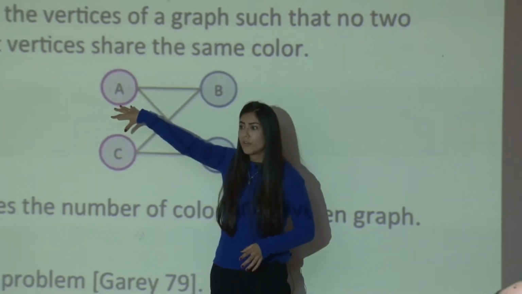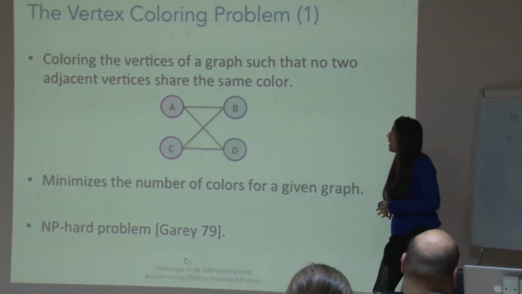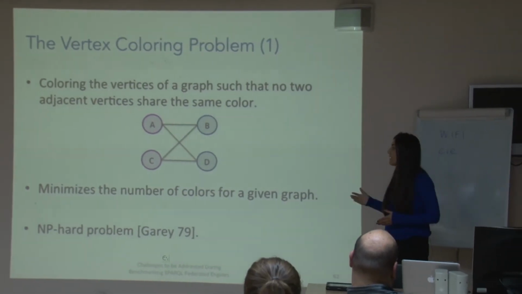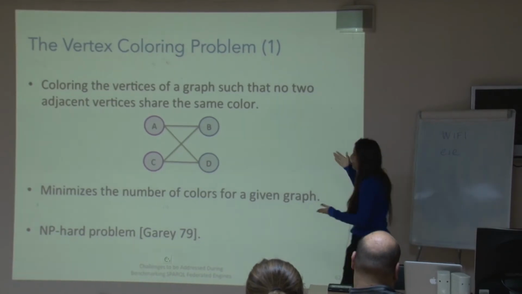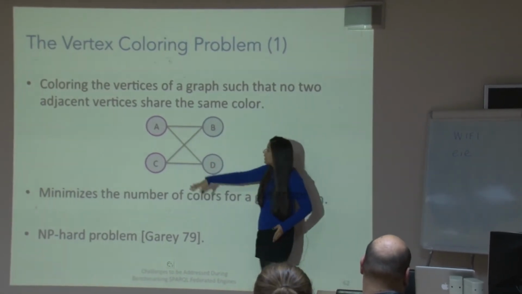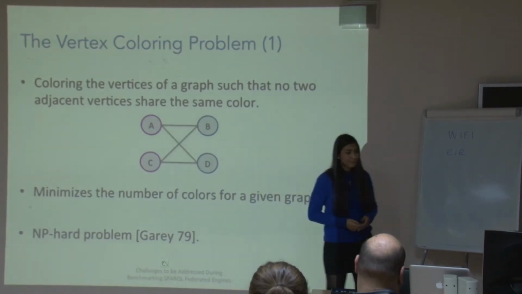So A is of one color, in this case purple, and B is in a different color. Also, one restriction on the vertex coloring problem is that we have to minimize the number of colors that we use for a given graph. So this example that I just presented is the optimal solution for this graph. For this particular graph, I can only use 2 different colors.